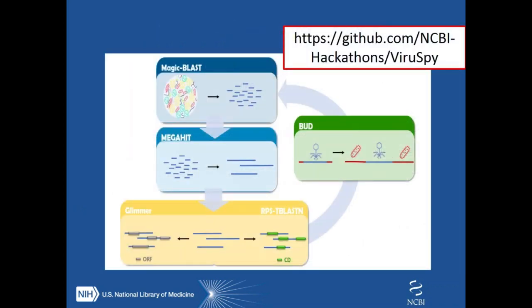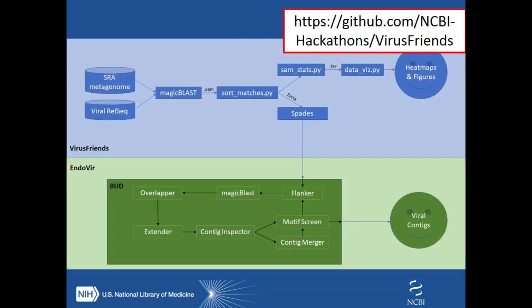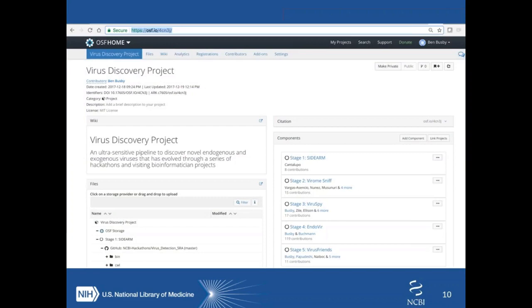And then that evolved to be able to deal with endogenous viruses by using a sort of IO-dependent De Bruijn grapher, if you will, extending contigs on the fly. We then ported that into Python and then made it able to also characterize known viruses. And that work continues by a number of groups as well as in future hackathons.